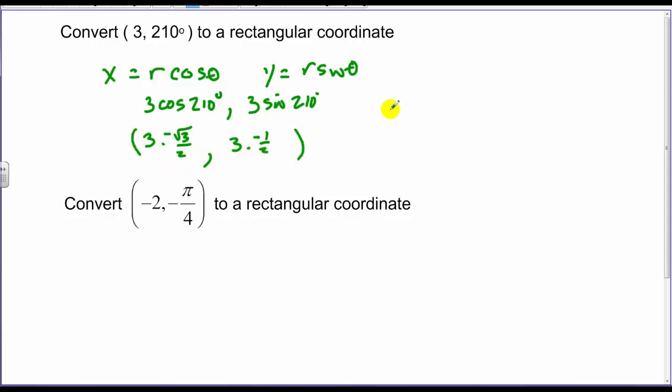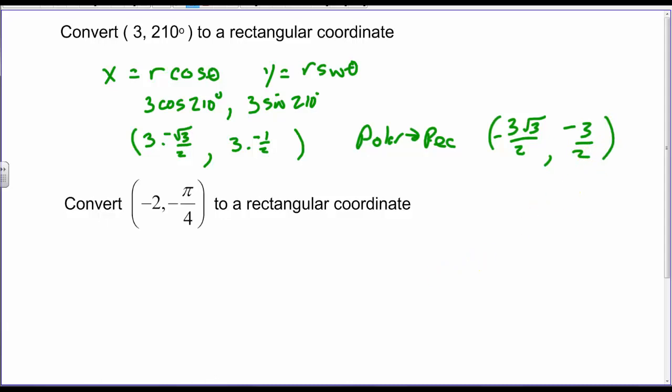So therefore, my polar coordinate goes to a rectangular coordinate, in other words, an x and a y value of 3 root 3 over 2, and that's in the third quadrant, so it's got to be negative, and negative 3/2.